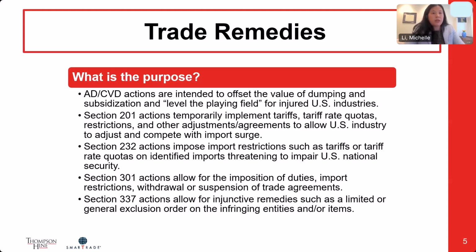So trade remedies are all about relief that is granted to the U.S. industry to fight against the imports in an unfair competition or fair competition manner, which we can discuss in detail in just a moment.